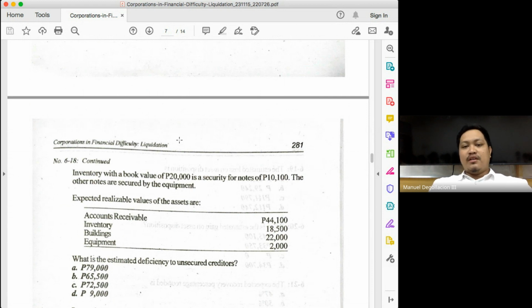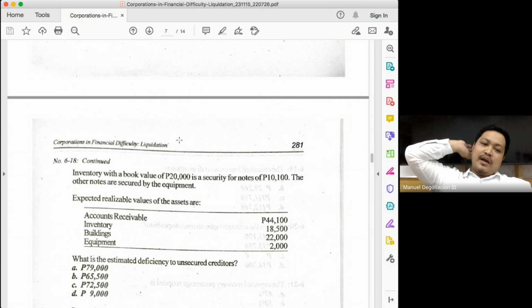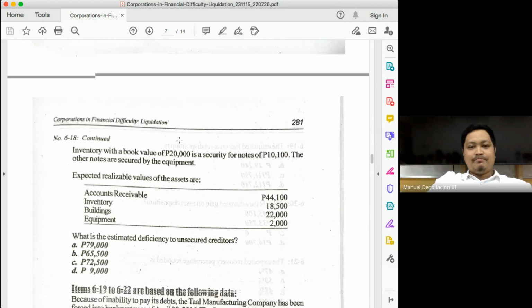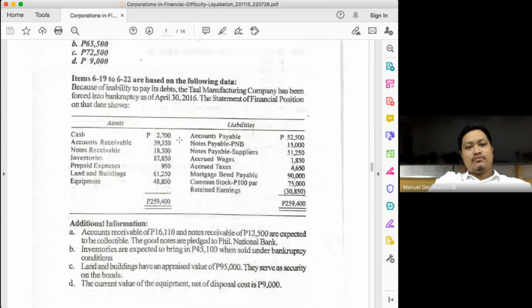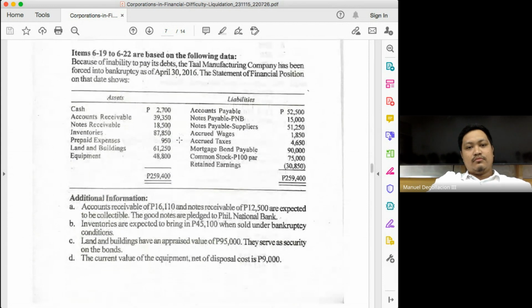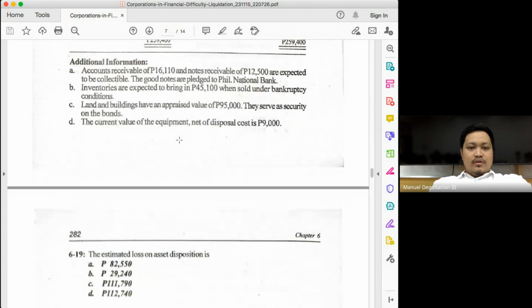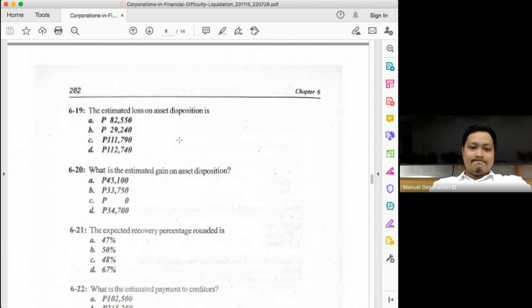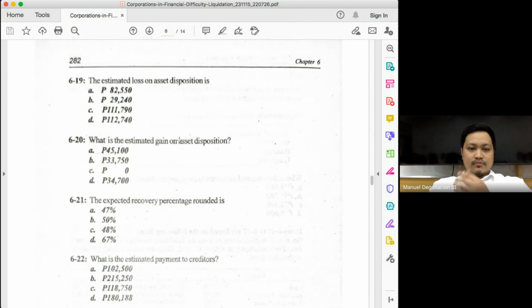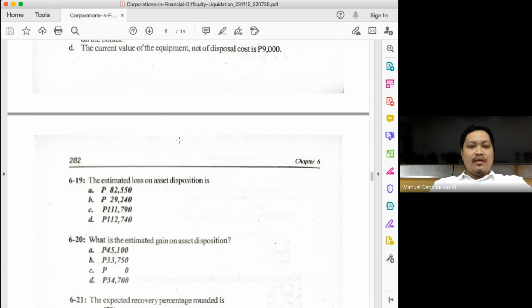Deficiency is simply your negative equity, and that is your assets minus liabilities will give you your equity. Let's have 6-19 to 6-20.